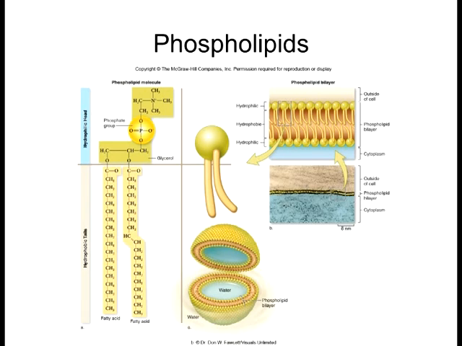This creates a fat layer that protects the cell. We call this the cell membrane, and all cells have it, which is why this is one of the most crucial molecules for life, because all cells are surrounded by these phospholipid bilayers, as we call them.